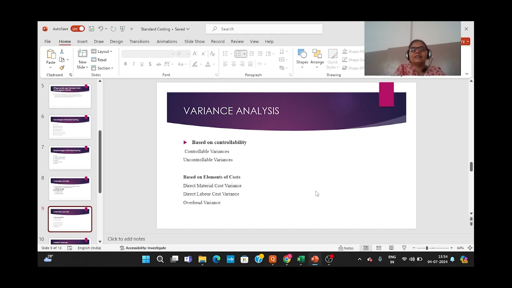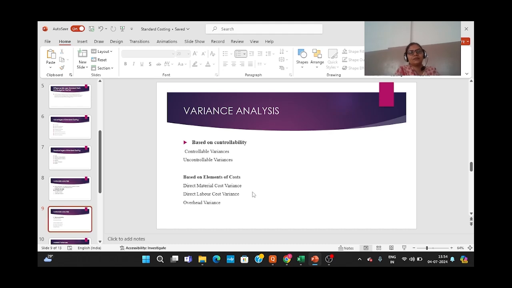In that case it is called controllable variance. You can control it, you can fix the responsibility for the variance which has arisen. But in case of uncontrollable variance, variances have been arising due to factors external to the organization. No individual within an organization is responsible for these variances.